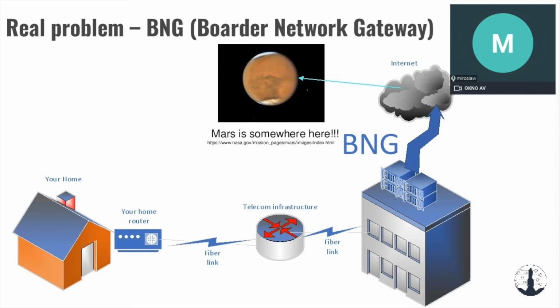The BNG is the device which allows the operator, first of all, to authenticate you, to connect your fiber from home to the internet, on the basis of the IP location, and of course it limits your traffic, because you can have more friends, more people who want to talk with this guy on Mars.